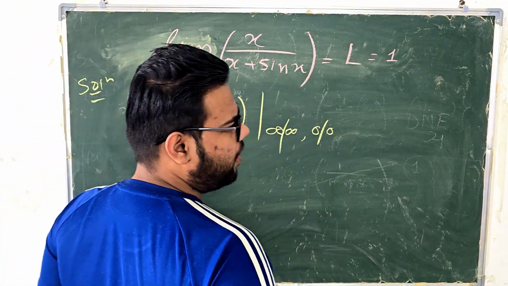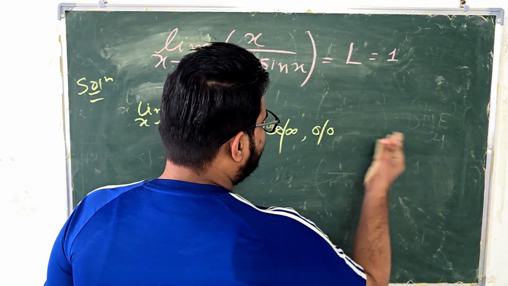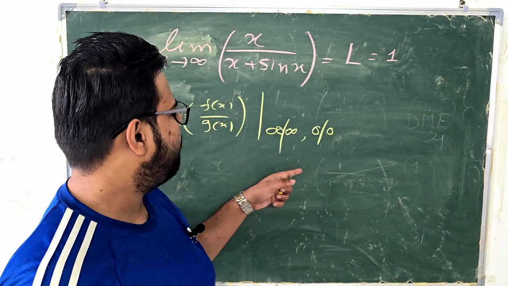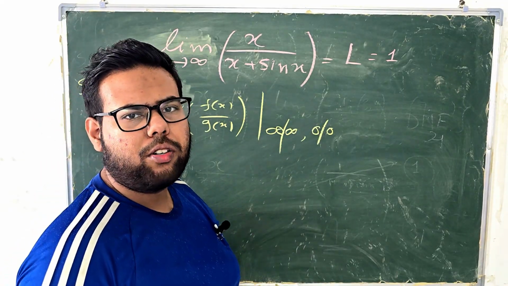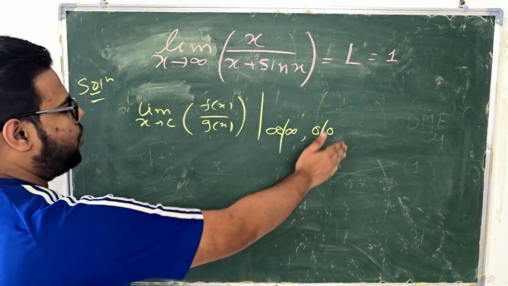Rest, if it's infinity minus infinity case, then also you can take that expression common and then you can apply L'Hopital rule again, but it is again of the form infinity by infinity case or 0 by 0 case. Okay, so it is basically used for two cases.